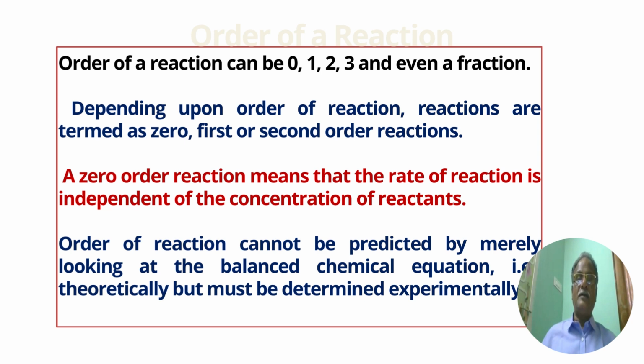A zero order reaction means that the rate of reaction is independent of the concentration of the reactants. This is an important definition. Order of a reaction cannot be predicted by merely looking at a balanced chemical equation, at least theoretically, but must be determined experimentally.